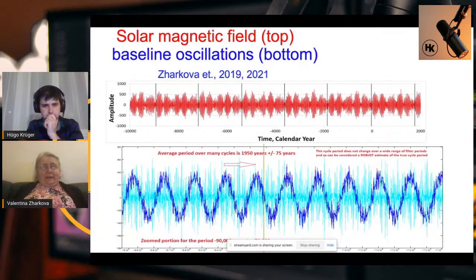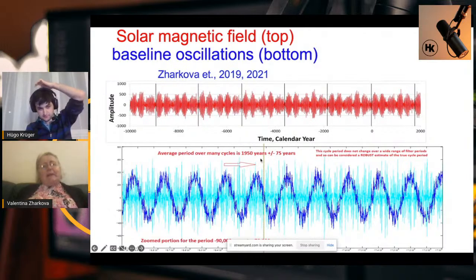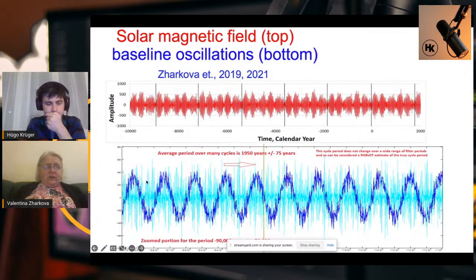But when we added our baseline, the zero line started showing this nice oscillation shown by the navy blue line. You see that? This is my baseline, which we published in Scientific Reports in 2019. We started looking at what is happening. Of course, the oscillations are 20 times smaller than the oscillations of the solar cycle, but there is still a waving zero line.